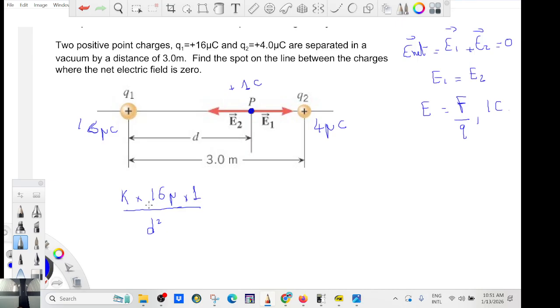The electric field, the force for 1 coulomb, equals K, the source here is 4 micro coulomb, and that's over 3 minus d squared. Okay, go.